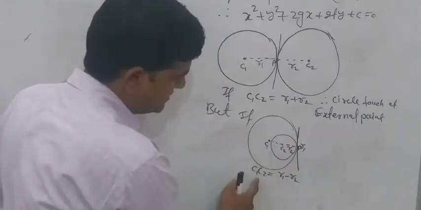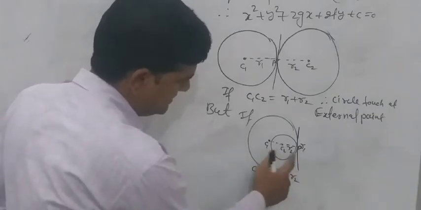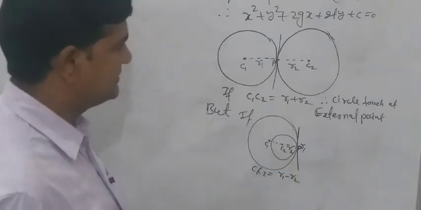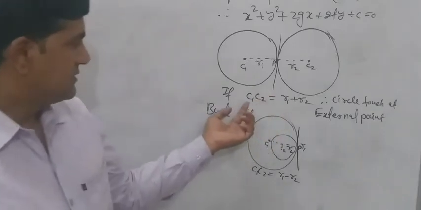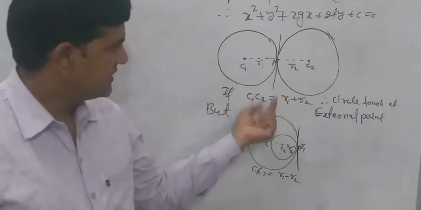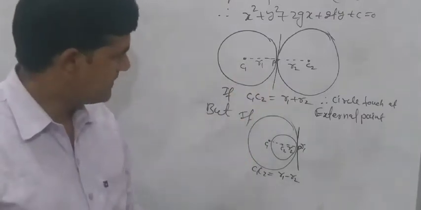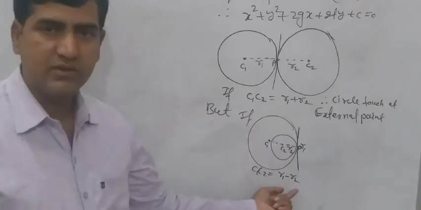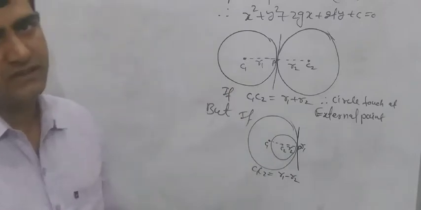C1C2 is equal to what? C1P means R1 minus C2P means R2. Understood? Then this is the condition: if the distance between centers C1C2 is equal to R1 plus R2, then the circles touch at an external point. But if C1C2 is equal to R1 minus R2, then the circles touch at an internal point. This is the condition. Understood?